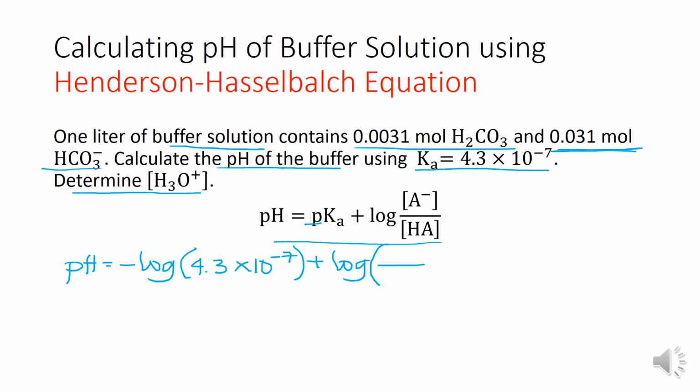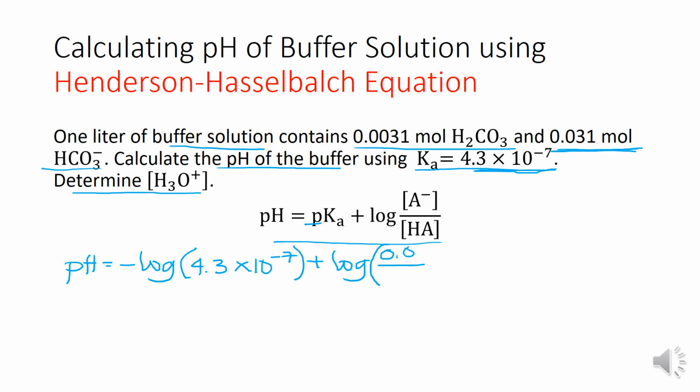So that's 0.031 molarity. But strictly speaking, this should be 0.031 plus x, remember? The x is the quantity of bicarbonate that is produced because of the reaction. But again, since Ka is a very small number, we can assume that x is almost zero, so we can ignore x.